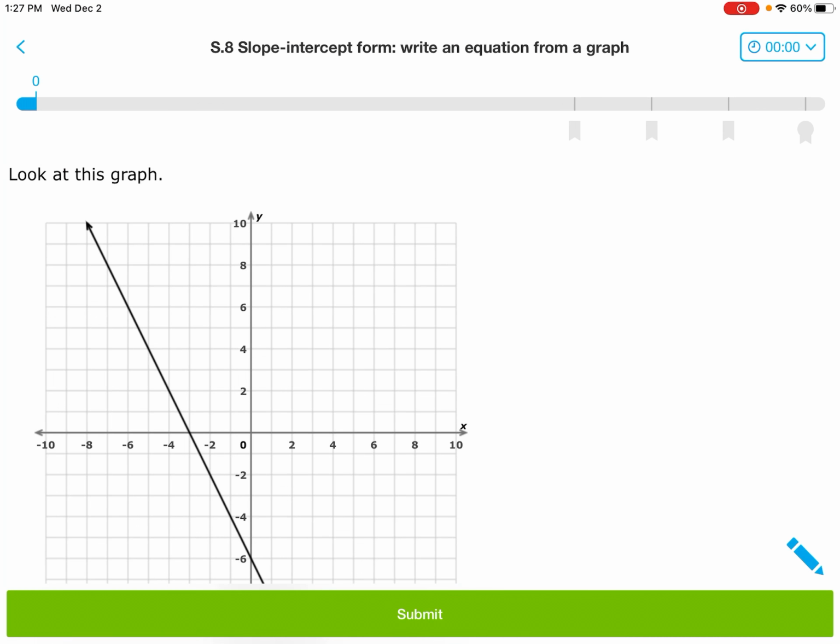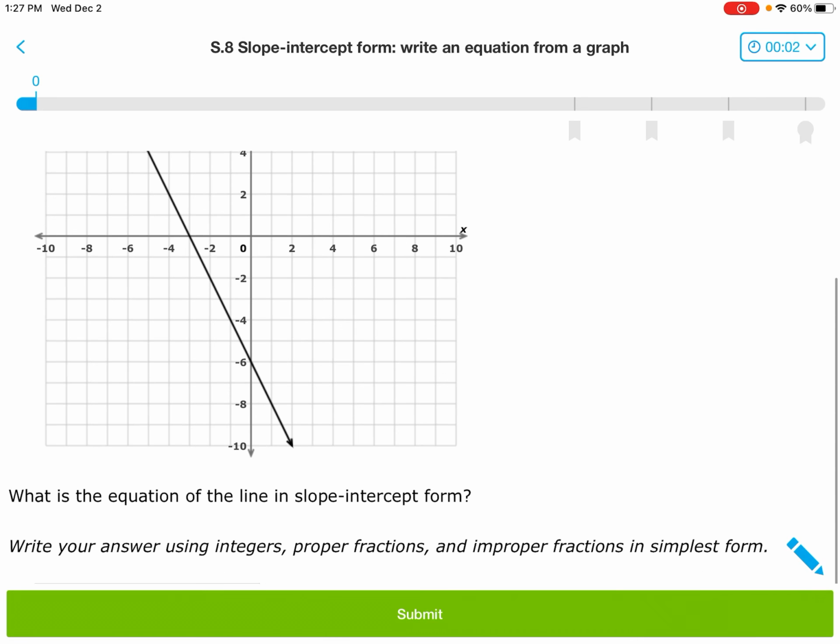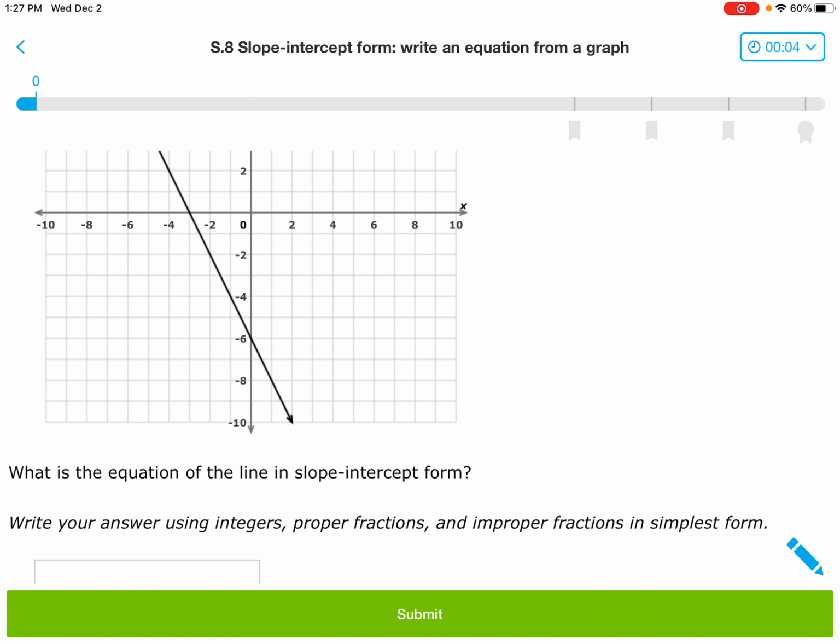Let's go to S8 and take a look at this. It says, look at the graph. What is the equation of the line? The first thing I'm going to look at to find my equation is my b value. So my y-intercept is -6. Then I have to figure out my slope, so I can find 2 points.